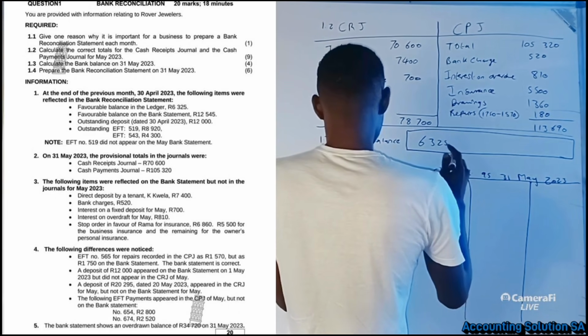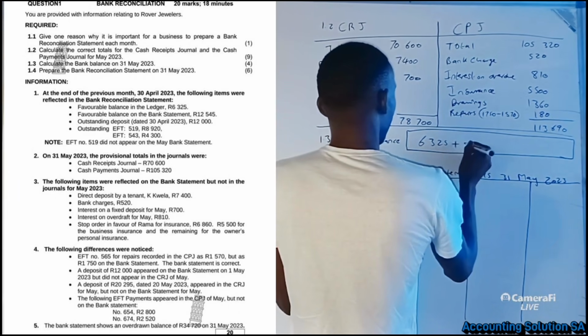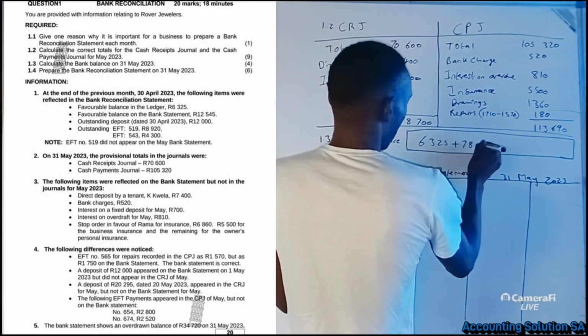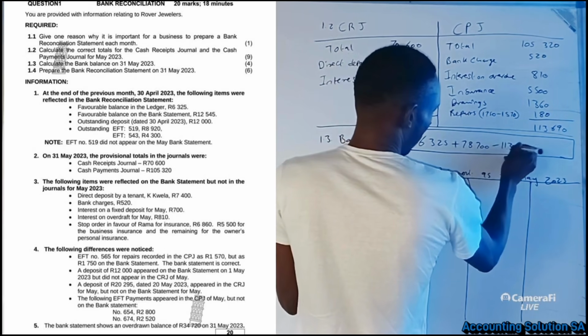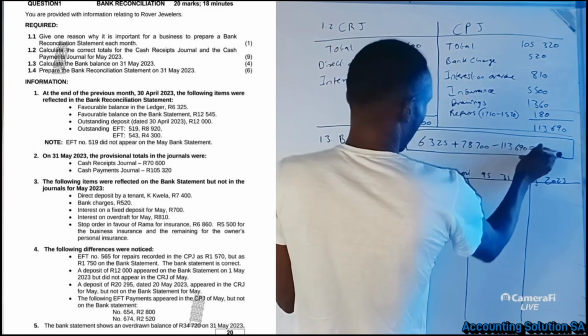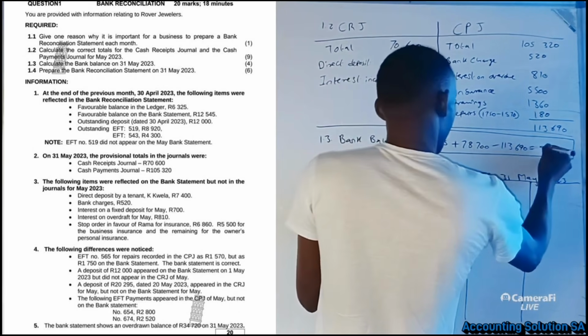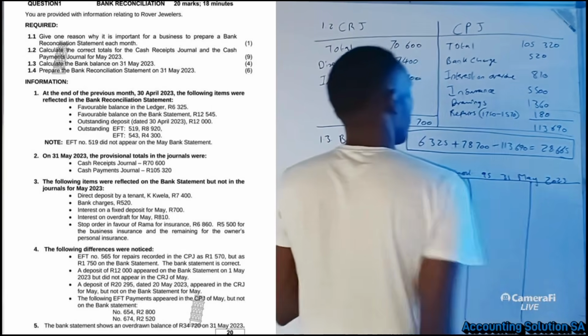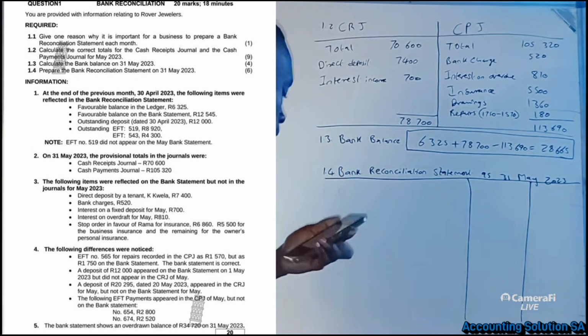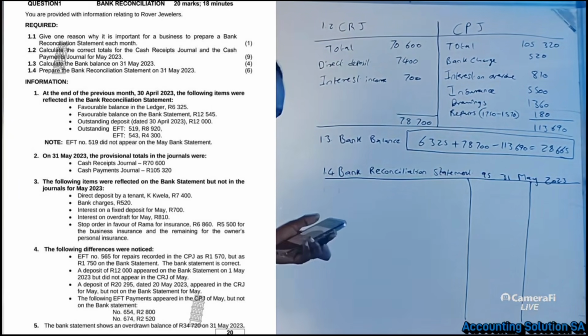Okay, then after that, we add cash receipts. Because we receive, we add. We pay, we subtract 113,690 of cash payment. Okay, and you will get amount of 28,665, just like that.